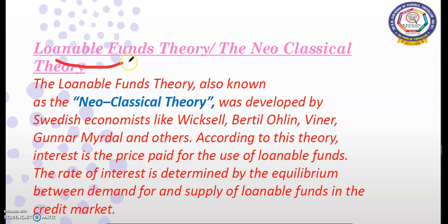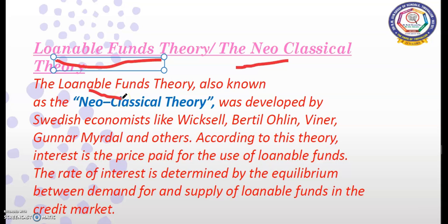Next one, loanable funds theory. It is otherwise known as neoclassical theory. The loanable funds theory is a theory of the market interest rate. According to this approach, the interest rate is determined by the demand and supply of loanable funds. The term loanable funds includes all forms of credit such as loans, bonds and saving deposits.